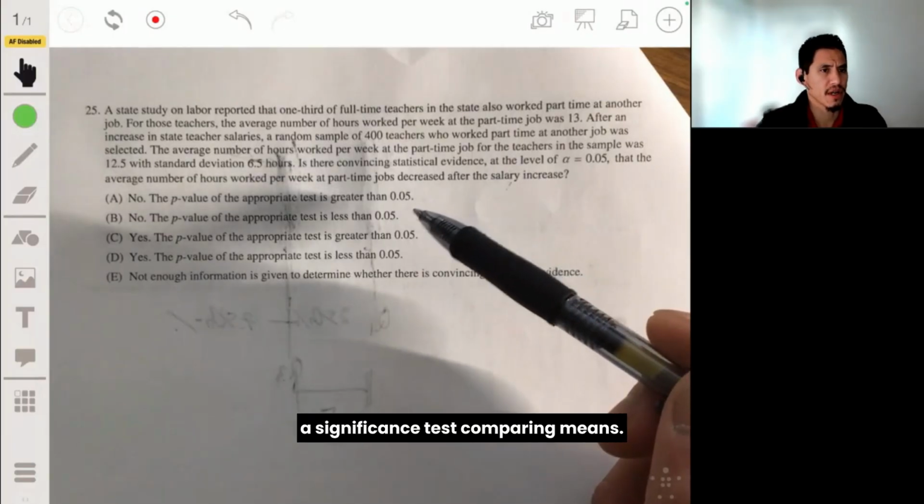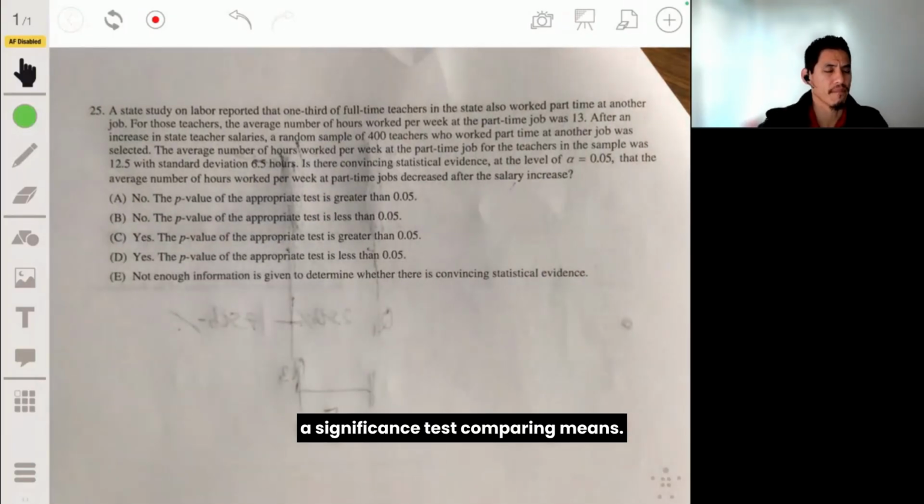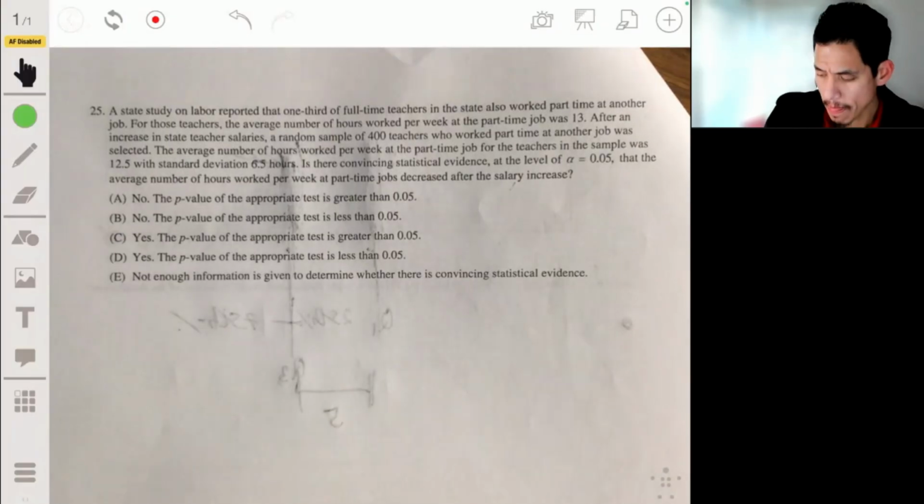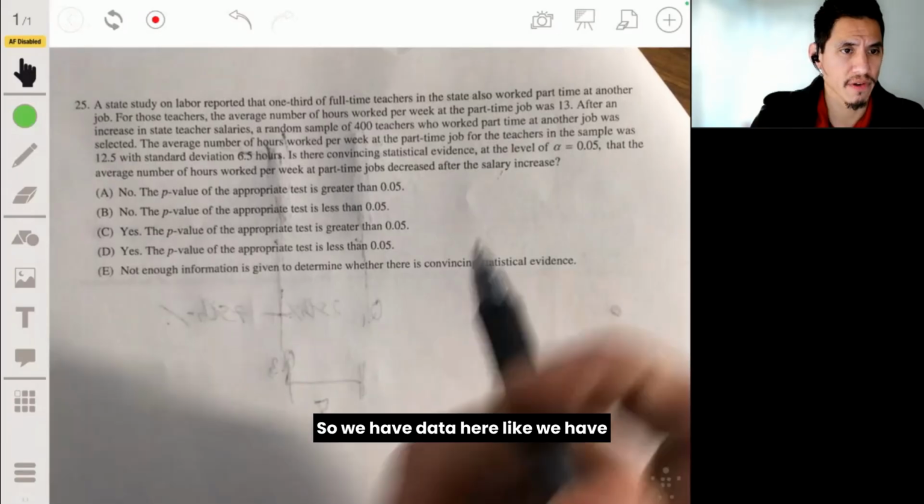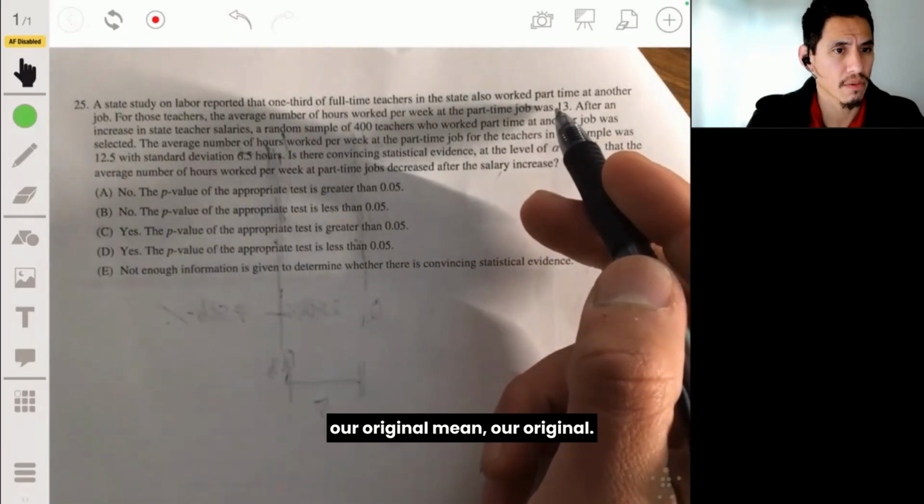Okay, so we're basically going to do a significance test comparing means. So we have data here, like we have our original mean.